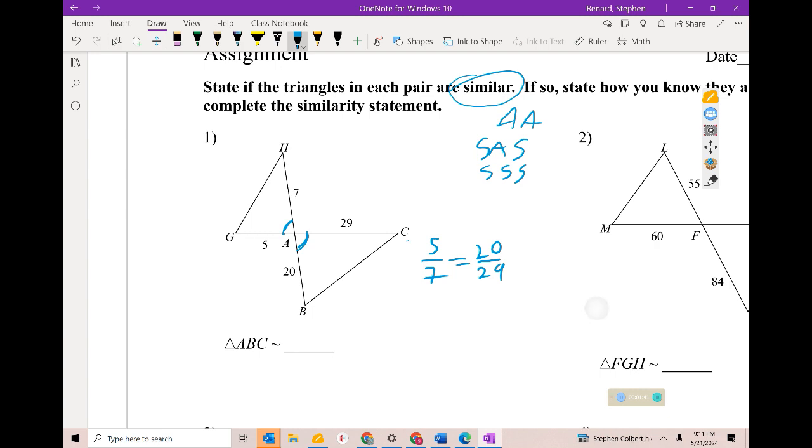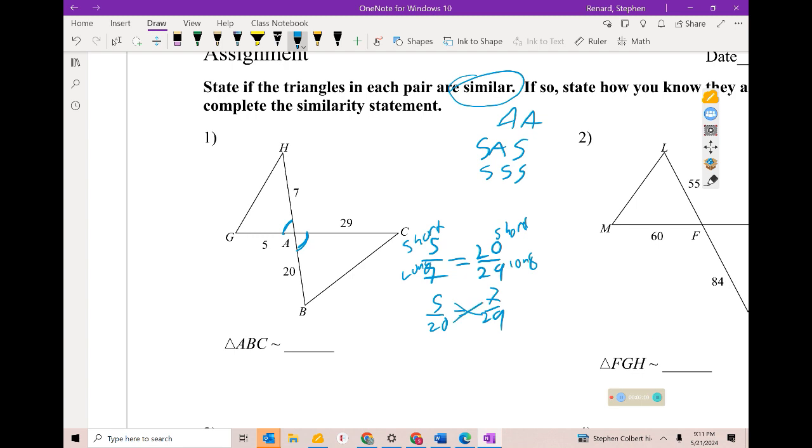So notice I went the short one here to the longer one, and the short one here to the longer one. We need to make sure that when we're setting up our similarity statements, that there's that continuity. If we wanted to, we could also go 5 over 20, short to short, equals 7 over 29, long to long.